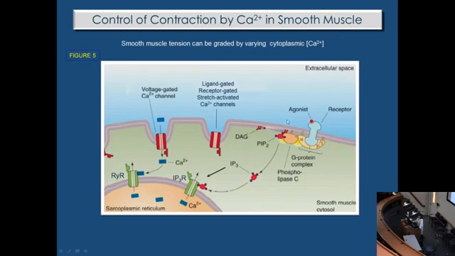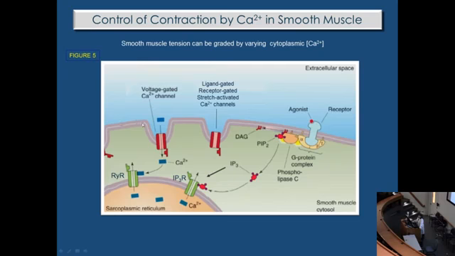Also, as illustrated here, another mechanism is that when you have an agonist that activates some membrane receptors, and if this receptor is coupled to a G protein, it will lead to the production of this second messenger, the inositol triphosphate, and this will result in the activation of the inositol triphosphate receptors, the IP3 receptors, and the activation will release calcium into the cytosol. So these are the sources of calcium for contraction in the smooth muscle cell.